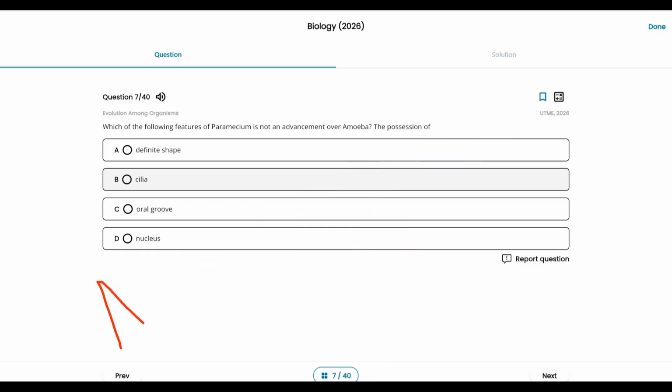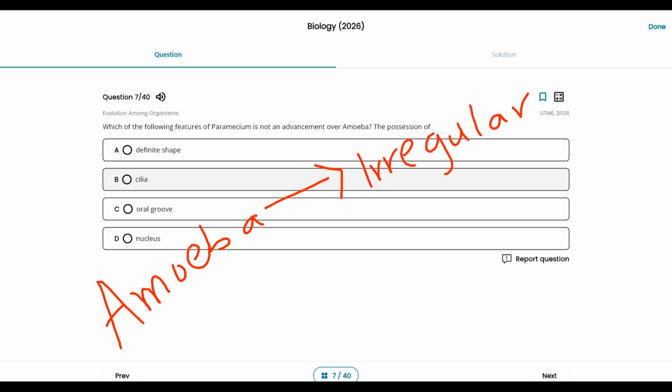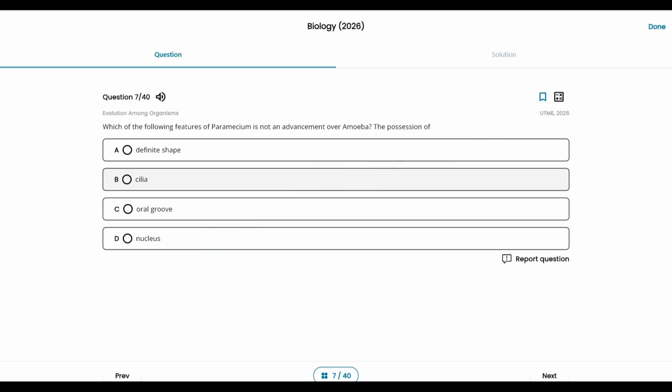Amoeba has an irregular shape. Please take note of this. Let's look at option B, cilia.